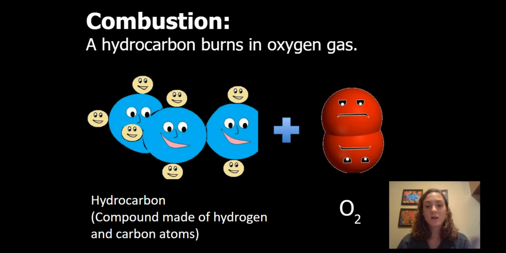So when you have a hydrocarbon plus oxygen gas, and oxygen gas is always going to be O2. Oxygen you'll never find in nature by itself, just O. Oxygen will bind to itself as a gas. So when I say that you have to have oxygen for this to happen, the oxygen has to be oxygen gas, and the oxygen gas has to be by itself.